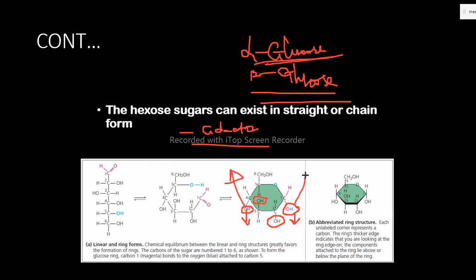The OH here can be up. This OH here can be inside, and this one can be outside. Basing on that, it creates a big difference in both the appearance and the physical properties of these monosaccharides and the physical properties of the compounds that are formed from these monosaccharides.